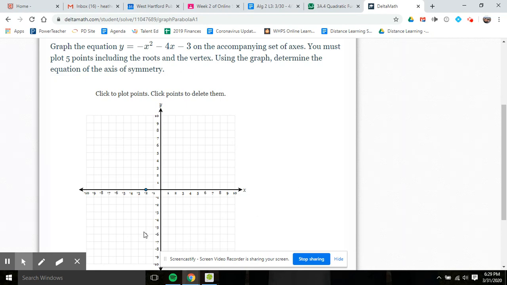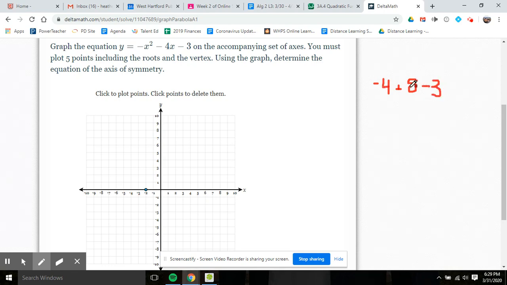So then in order to find my vertex, which is the first plot point that I would put in my table, I need to plug negative 2 into the equation. I'm going to use my drawing tools here. Negative 2 squared is 4, so negative 4, minus 4 times negative 2 would be plus 8, and then minus 3.